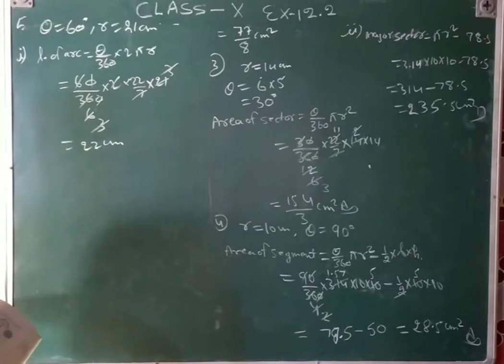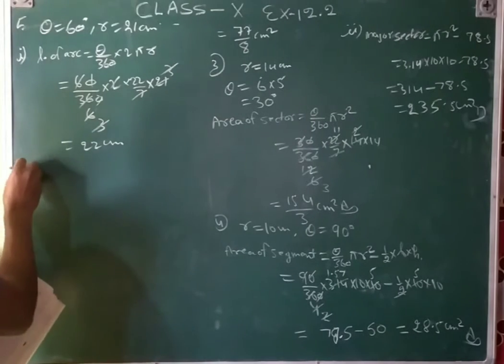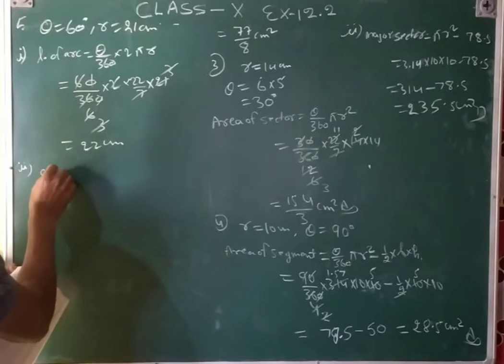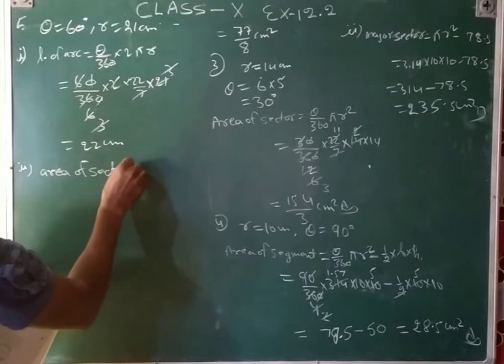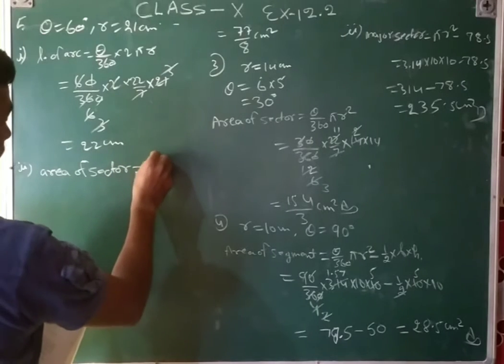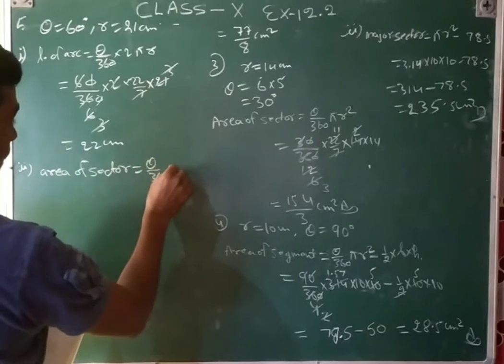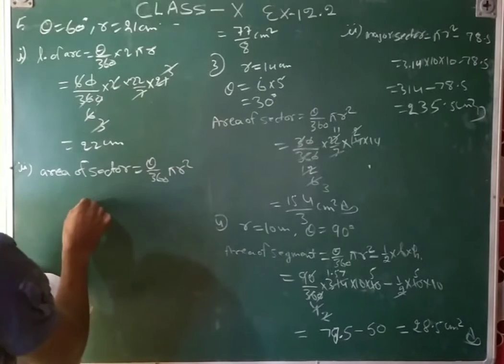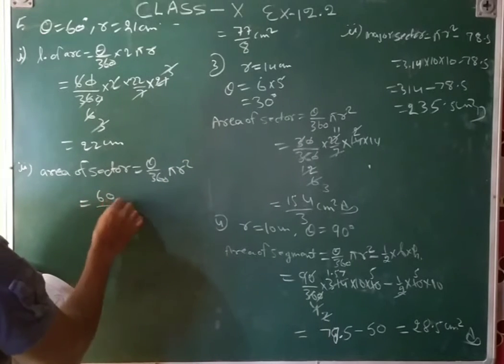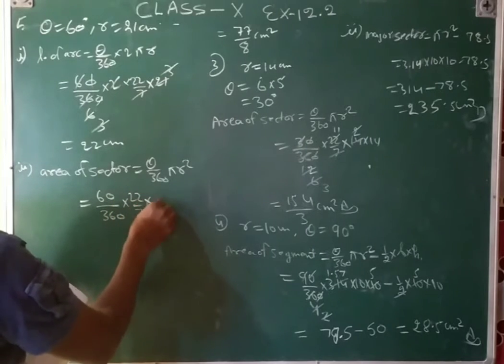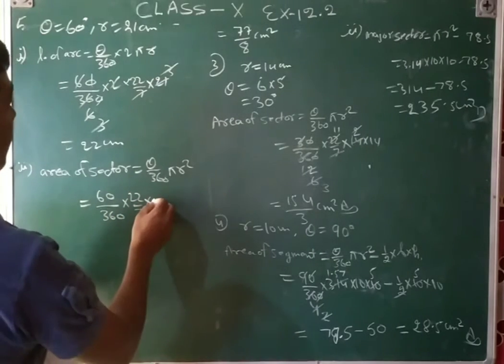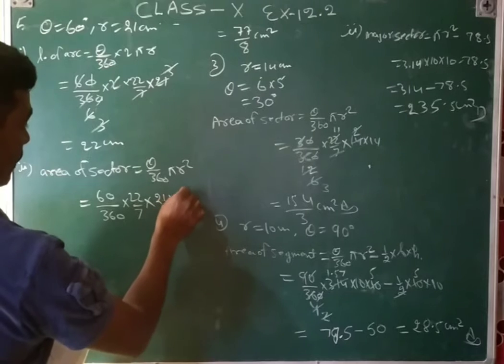Area of sector formed by the arc. Area of sector is equal to, you know that, theta upon 360 pi r square. So that theta is 60 upon 360 into 22 upon 7 into r is 21 into 21.